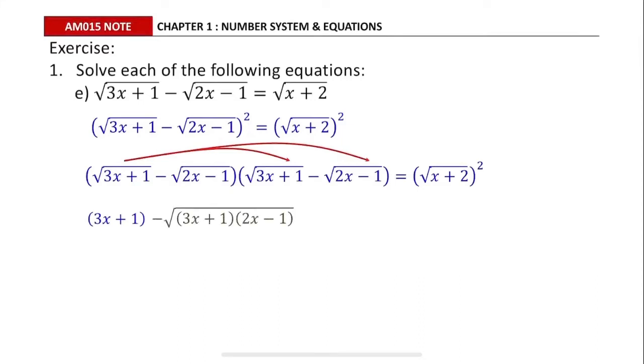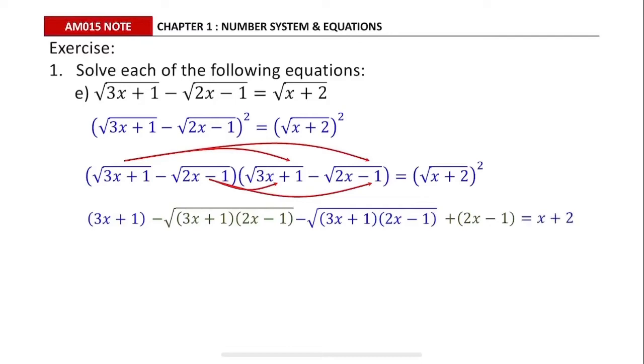And the same goes for this one. And the last one is negative square root of 2x minus 1 multiplied by itself, which equals 2x minus 1. And the right side is only x plus 2 because we cancel out the surd by squaring.